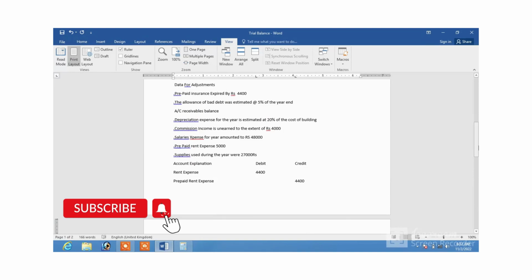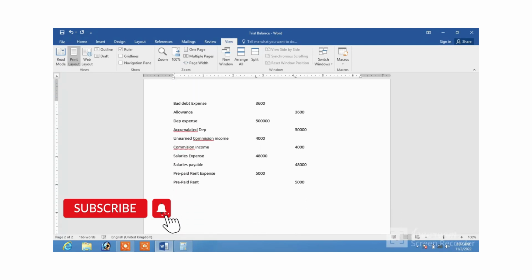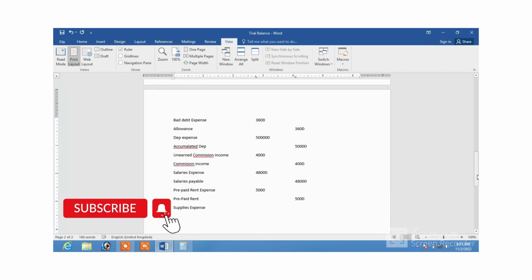Supplies used during the year are also expired. Previously supplies were debited. Now these supplies are going to be credited. In this case, what would be debited? Supplies expense. Supplies have expired.